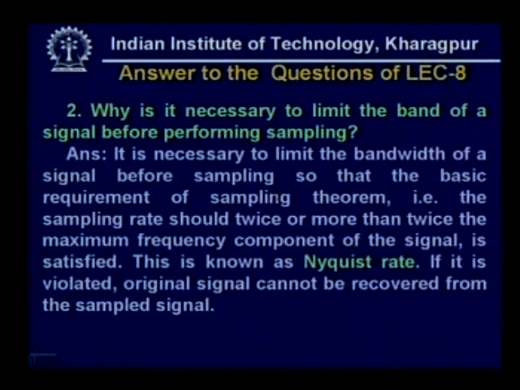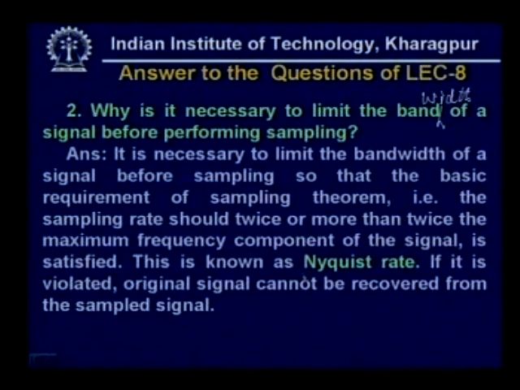Second question was, why is it necessary to limit the bandwidth of a signal before performing sampling? Answer is, it is necessary to limit the bandwidth of a signal before sampling so that the basic requirement of the sampling theorem, that is, the sampling rate should be twice or more than twice the maximum frequency component of the signal, is satisfied.